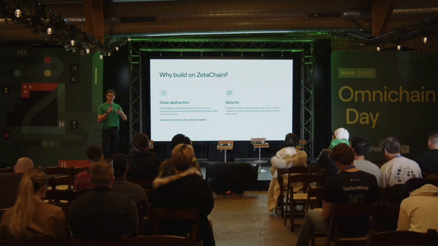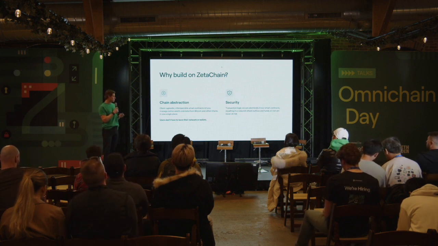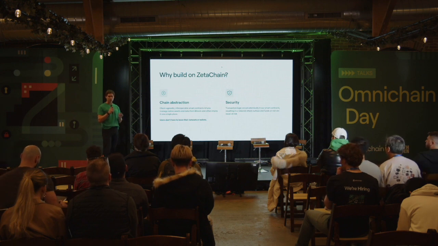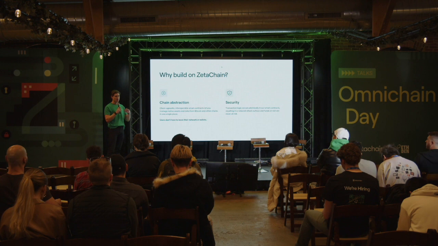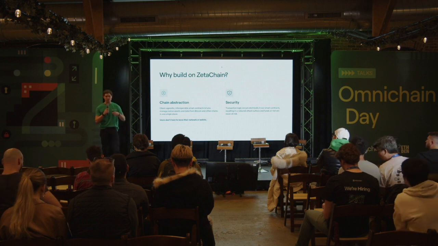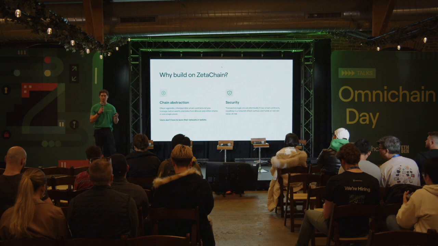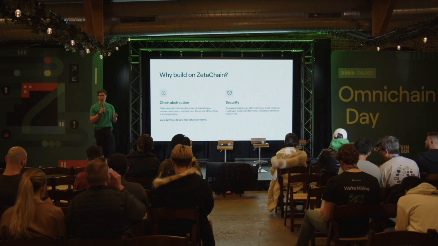So you don't have to leave the environment that you like. That's what we mean by chain abstraction, and ZetaChain achieves this without wrapping or locking tokens. A lot of the exploits we've seen from wrapped Bitcoin and these new and different token standards have questionable trust models, and we're doing away with that with the ZetaChain platform.